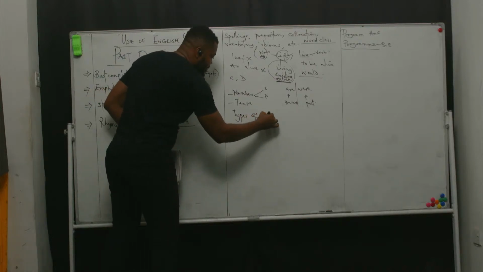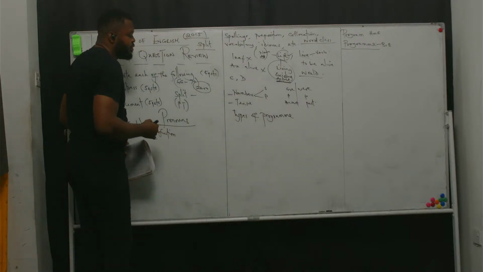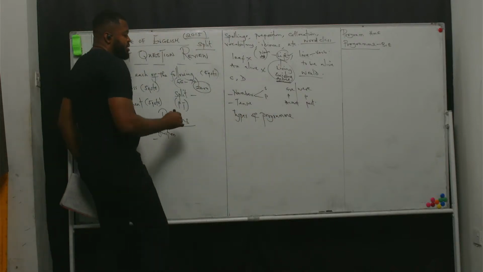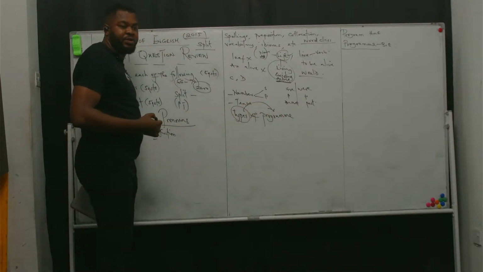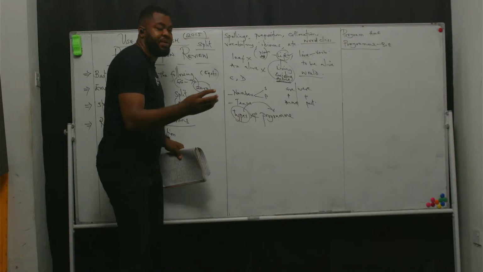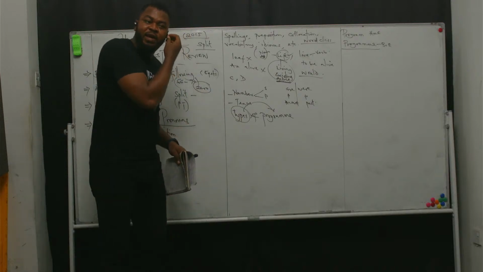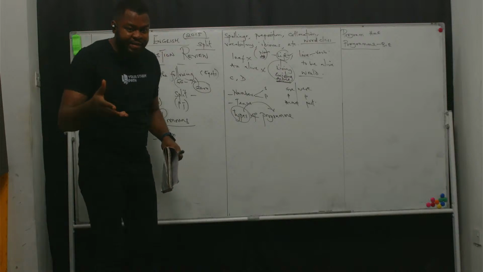Types of program. What does it indicate? These types is making reference to programs. It is telling you that there are different programs that exist.